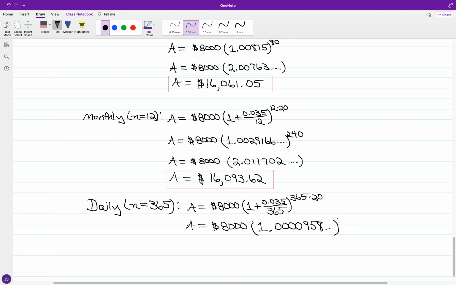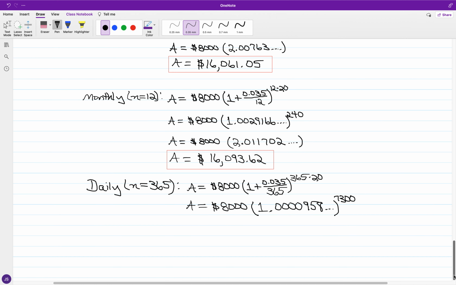And you have 365 times 20, so this would be 7,300. The higher the power gets, the lower what you're adding to 1 becomes. This is almost like adding almost nothing to 1. But that little bit, especially to such a large power, is going to accumulate to a little bit of a difference.